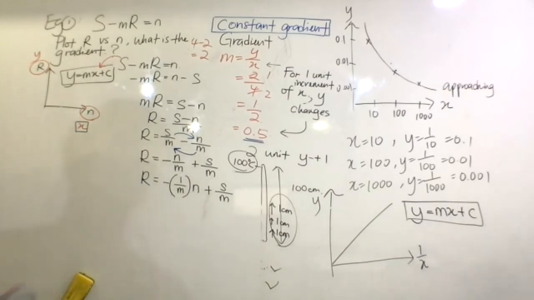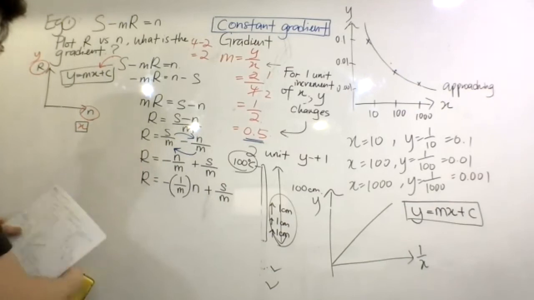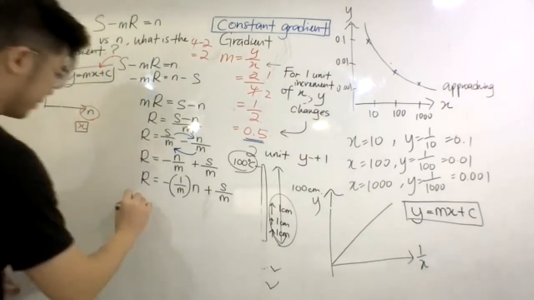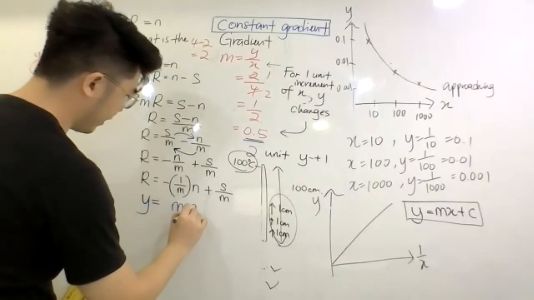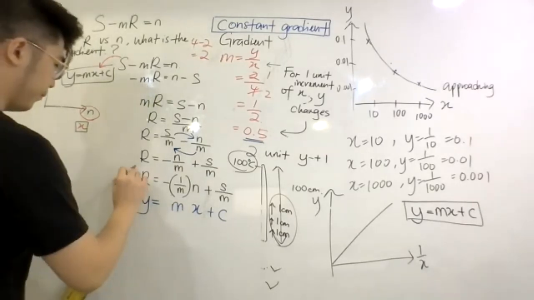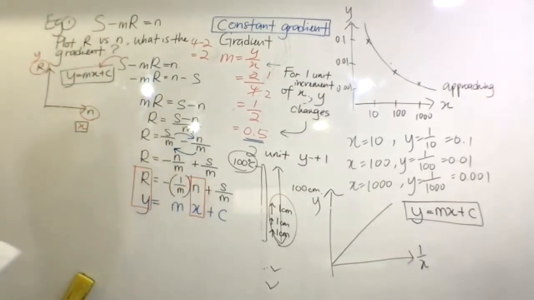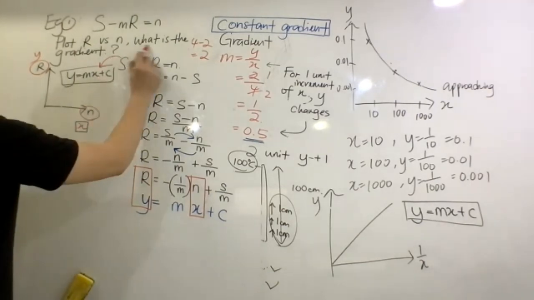Okay? So, put like this. Y equals to mx plus c. Like this. So what is my gradient? What is the gradient here?